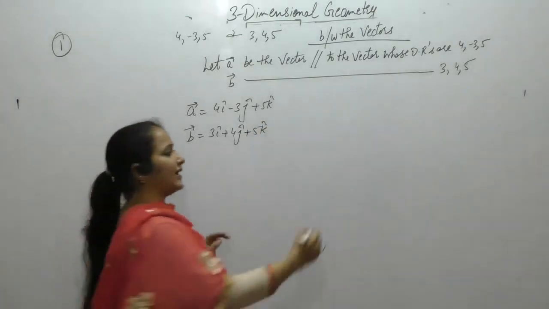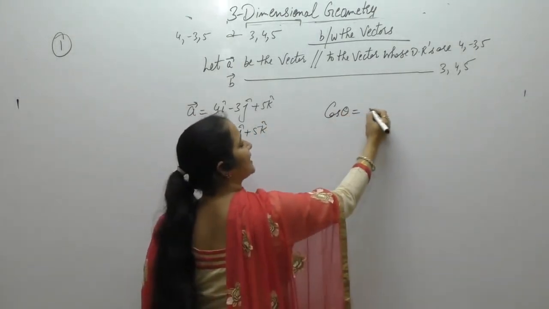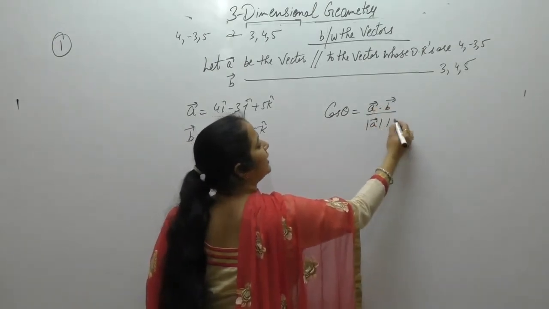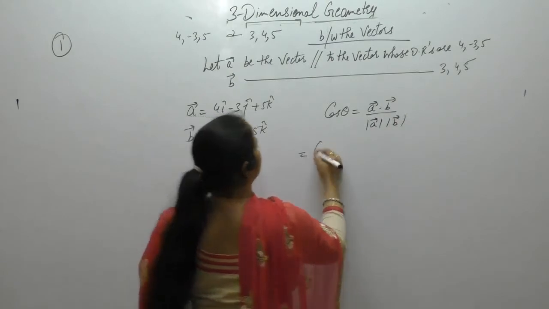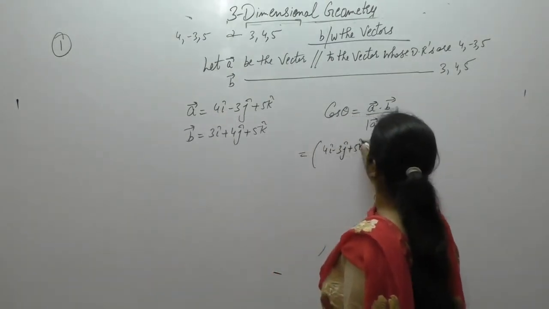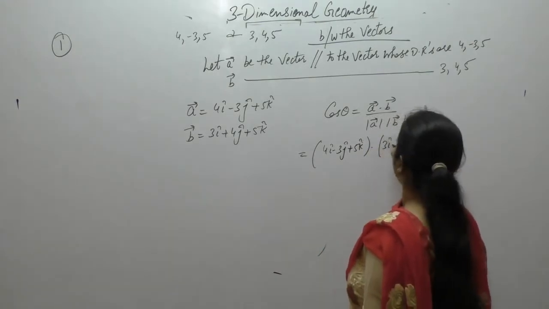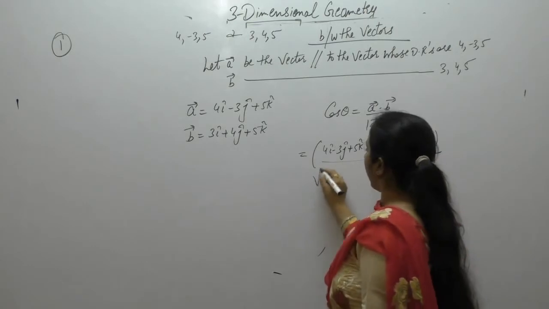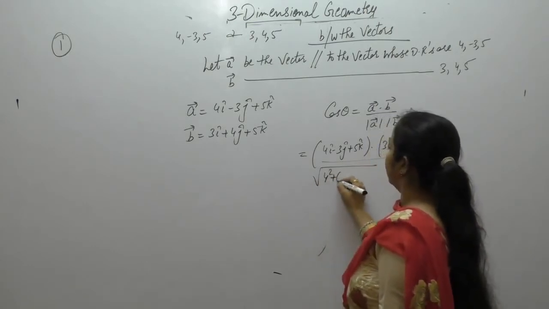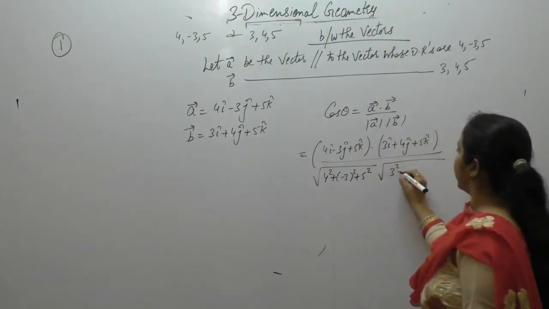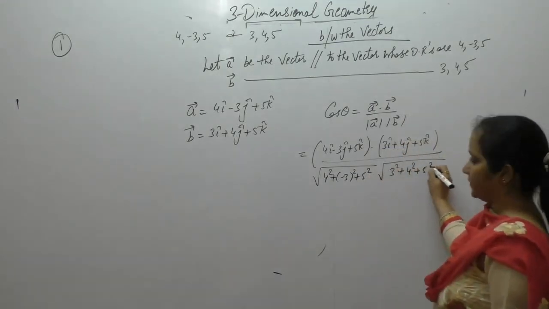Now we want to find the angle between them. Cos theta is A vector dot B vector upon magnitude of A times magnitude of B. Take the dot product: (4i minus 3j plus 5k) dot (3i plus 4j plus 5k) upon square root of (4 square plus 3 square plus 5 square) times square root of (3 square plus 4 square plus 5 square).